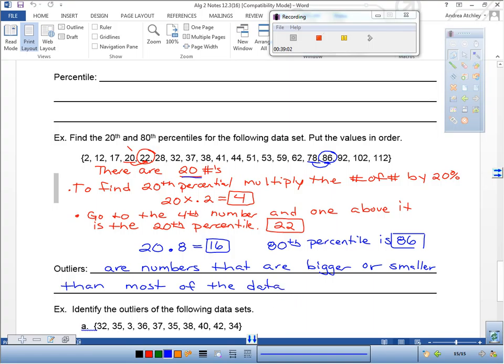So it's that student who scores a 30% on a test. It's a lot lower than the majority of your test scores. Or if you're looking at average speeds, it's the one person who really speeds through.